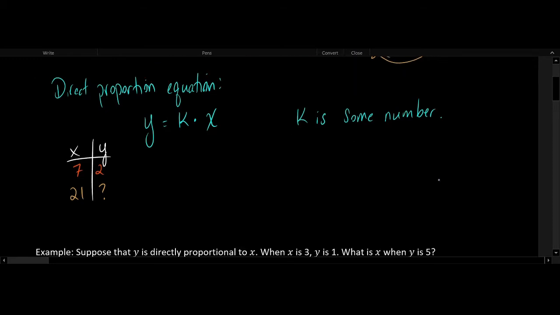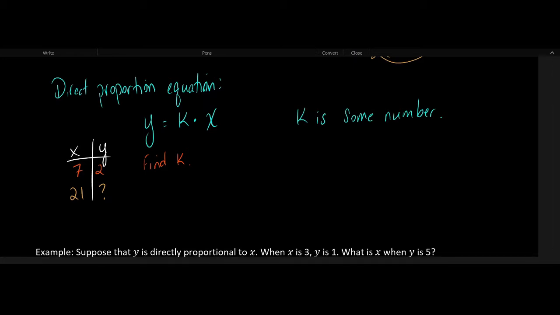So, having set up our direct proportion equation and having summarized the info about x and y in this table, the next thing that I'm going to do is find k. I'm going to figure out what number k must be. To do that, I'm going to use the pair of values x equals 7 and y equals 2 that I was given.